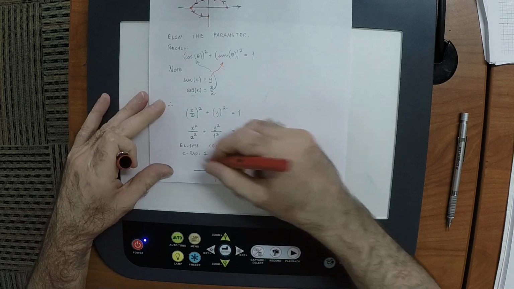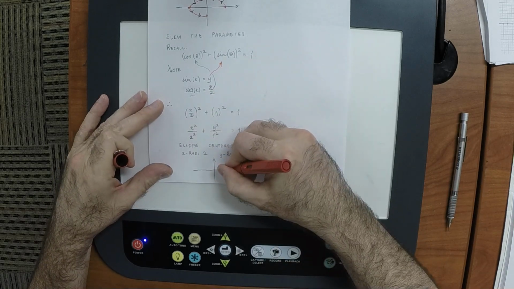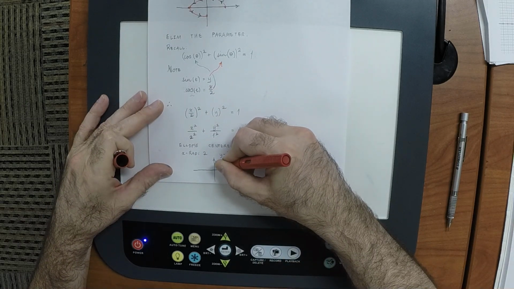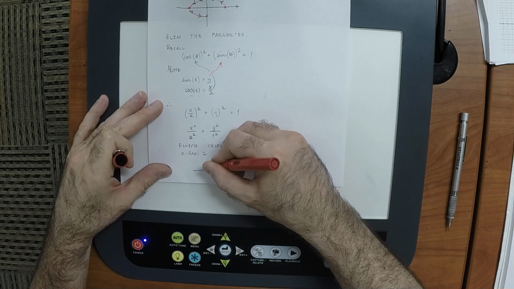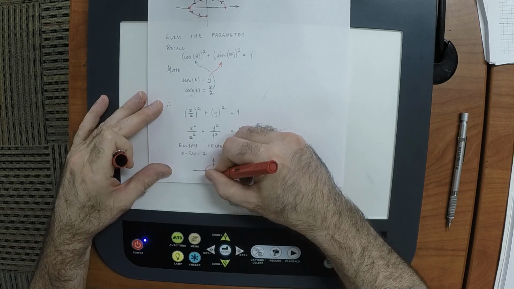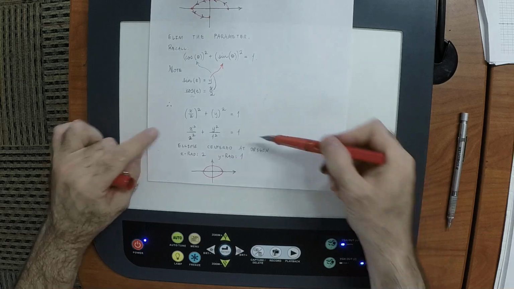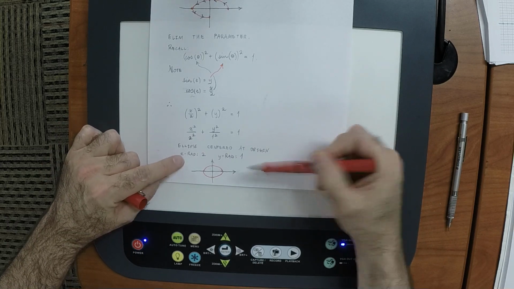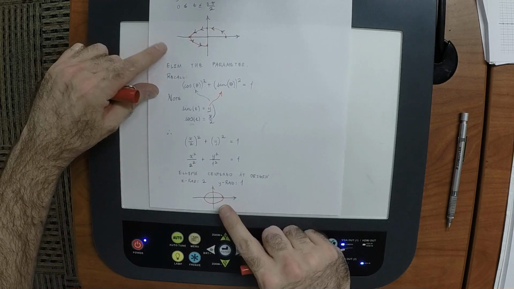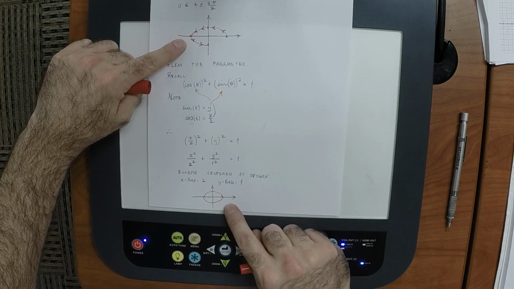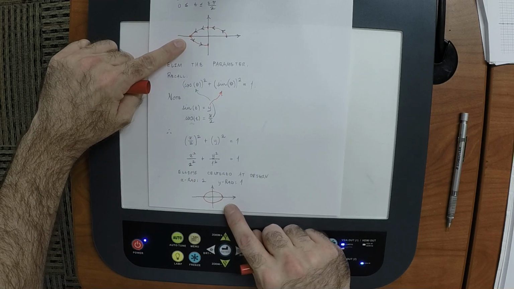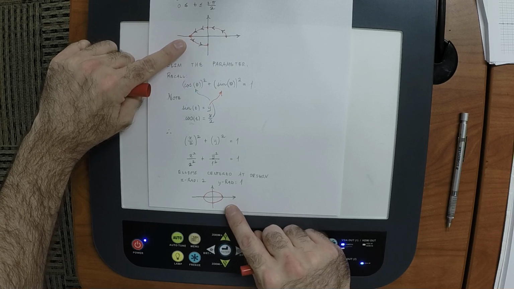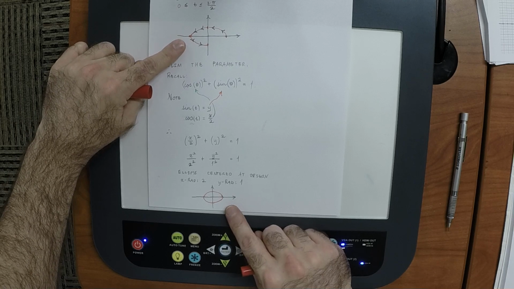Now, this equation by itself, if you were to just plot it, it will look like this. So that is that one. In particular, I want you to notice comparing this one down here to that one up there. Notice that the one up here doesn't include all of the ellipse.